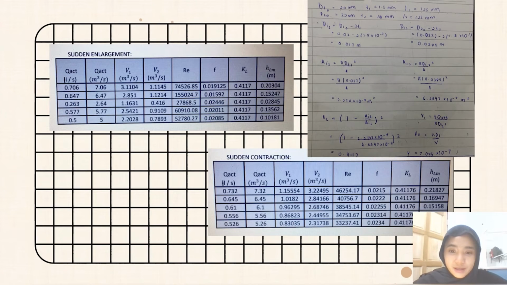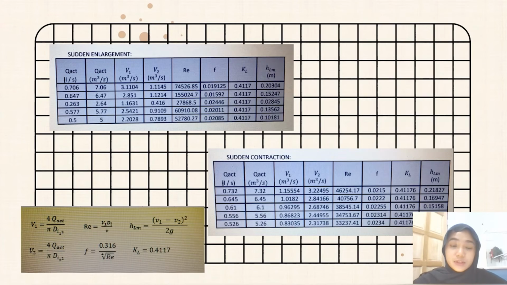After that, we need to find area 1 and area 2 by using the formula pi times inner diameter to the power of 2 divided by 4. So after we find area 1 and area 2, we need to find the loss coefficient using the formula 1 minus area 1 divided by area 2, to the power of 2.